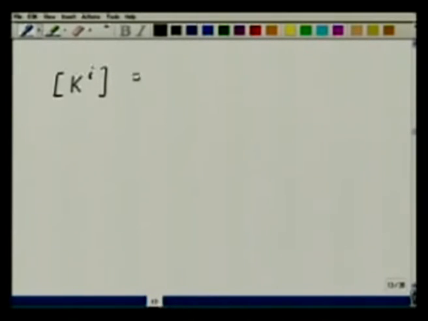So what does the element stiffness matrix become? K for the ith element is equal to EA by HI into 1, minus 1, minus 1, 1. See, this also is symmetric. So the element stiffness matrix is also symmetric.